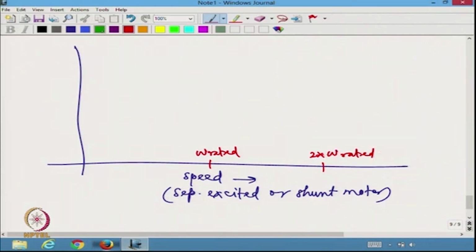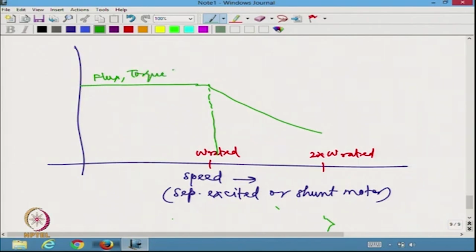So, if I actually look at it, the flux is going to remain as a constant until omega rated, but after that the flux may get decreased. So, this is flux as well as torque capability, right. So, multiple variables we are drawing. If I look at the voltage, it will rise like this because as the speed rises I am going to increase the voltage. So, this is Va.